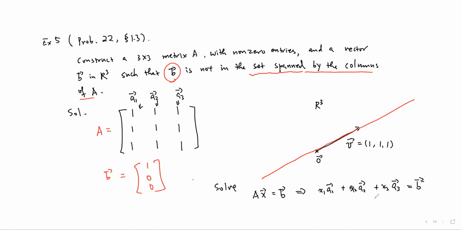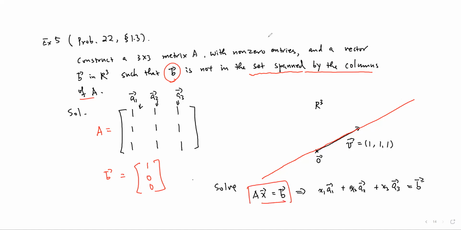If the vector equation has a solution, then B is on this line, spanned by the three vectors A1, A2, A3. Actually, it is a linear system.